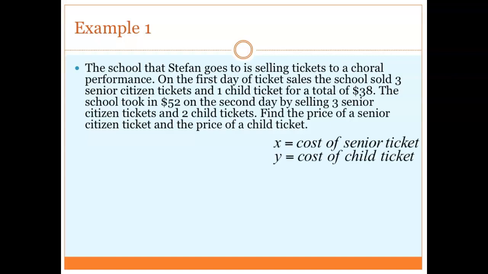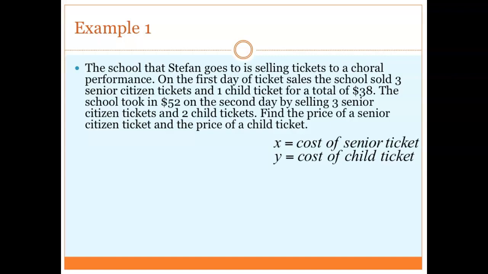Now, let's use the information that we are given to write 2 equations. So it says, on the first day of ticket sales, the school sold 3 senior citizen tickets and 1 child ticket for a total of $38. Let's write that as an equation. Since x represents the cost of a senior ticket, if 3 of those were sold, that would be 3 times x, coming from senior citizen tickets.